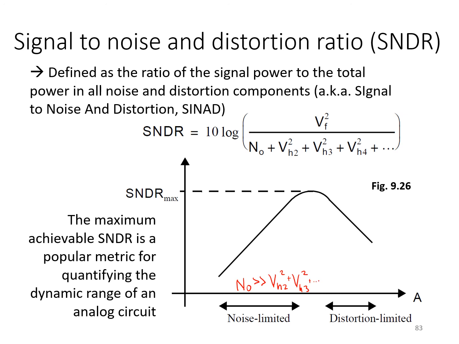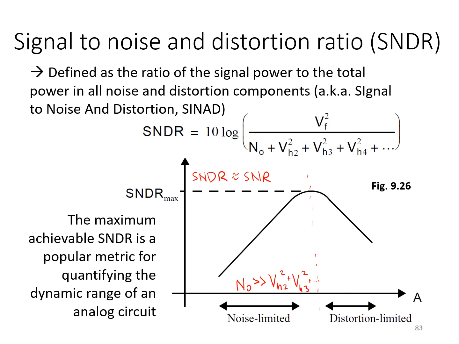So that being the case, then the SNDR over here is dominated by the first term of the denominator and is approximately simply equal to the SNR. As we expect, higher amplitude gives better SNR.